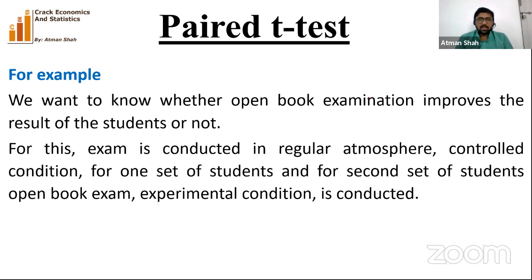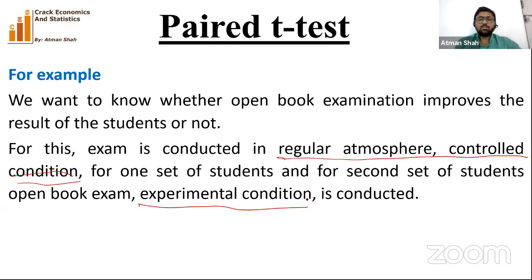For this, an exam is conducted in a regular atmosphere, which is known as the controlled condition, for one set of students. And for the second set of students, the open book examination is conducted, and that is known as the experimental condition.